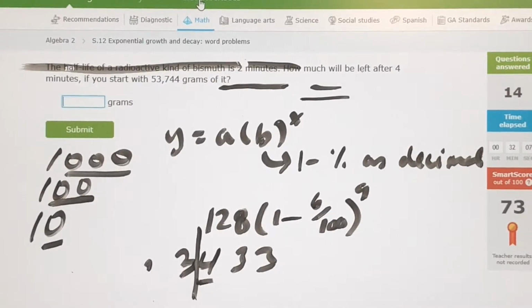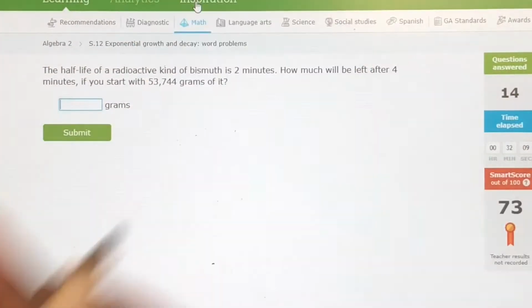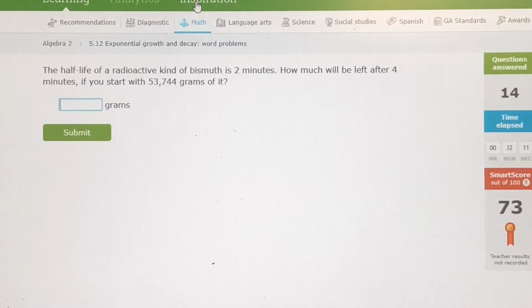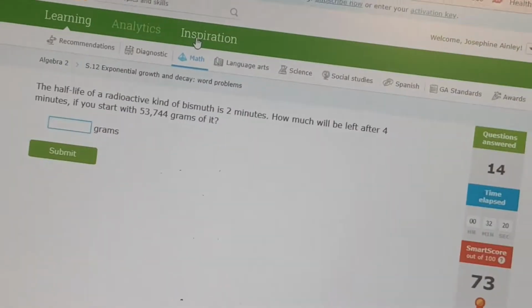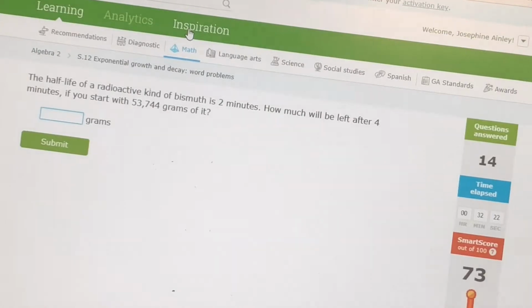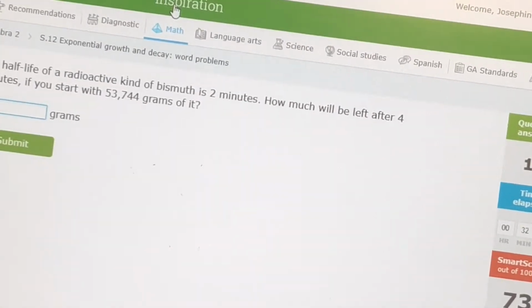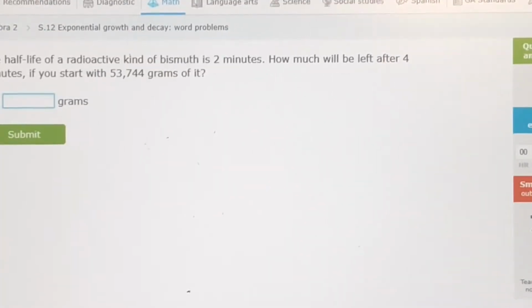All right, we're talking about half-life. So again, you go to your half-life formula. So, bam, you start off with your half-life formula. Pardon me, my phone fell. All right, so my half-life formula, let me get this back.